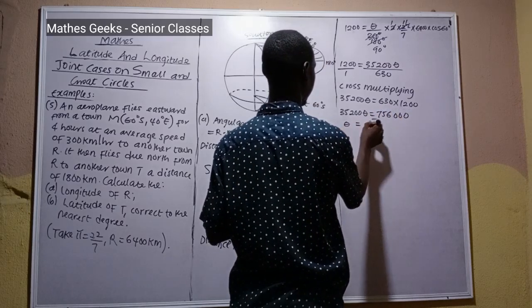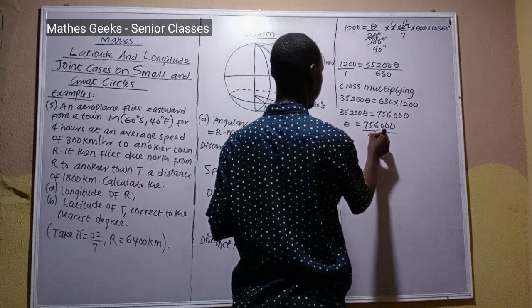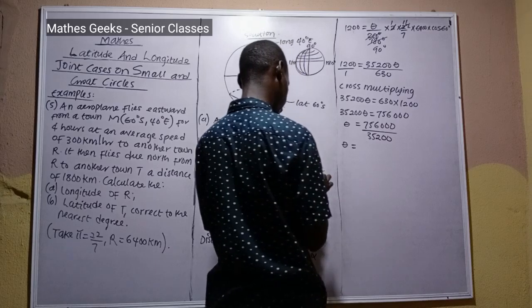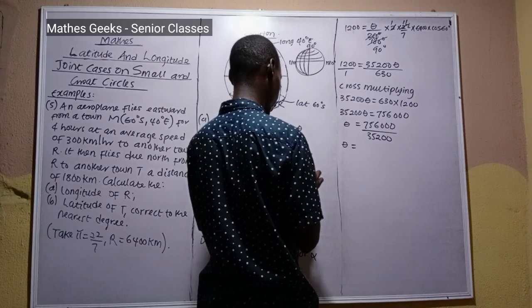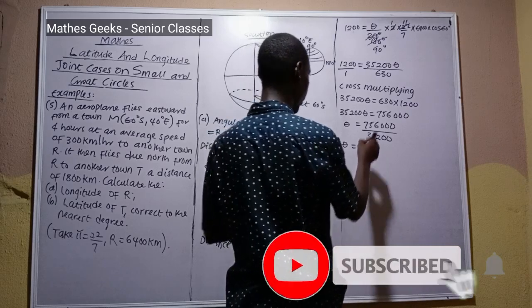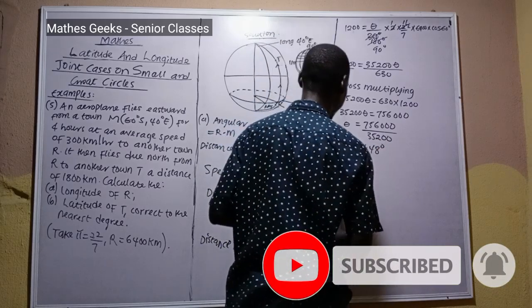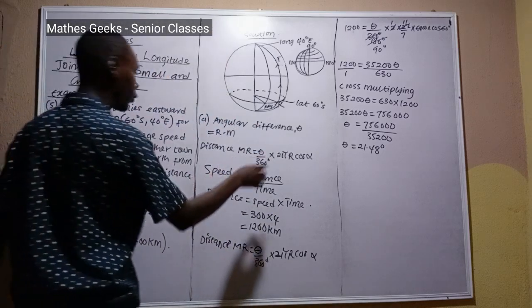So theta is equal to 756,000 over 35,200. So theta is 21.48 degrees. So the angular difference is 21.48 degrees.